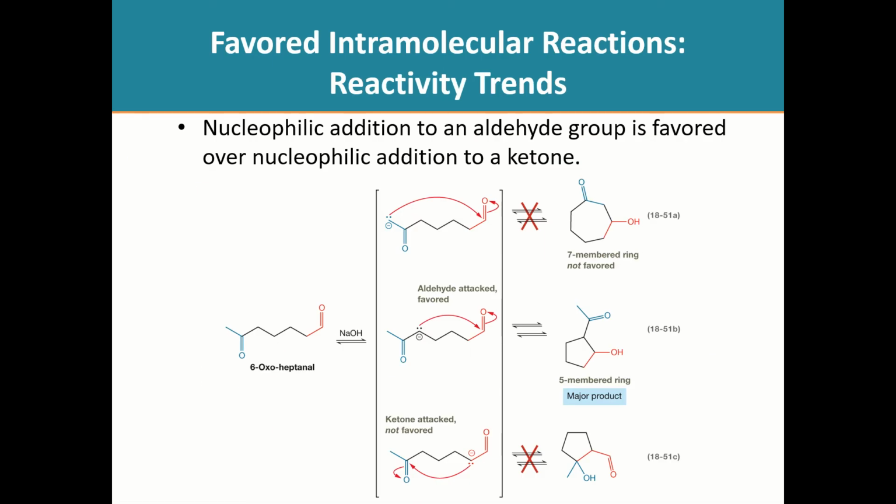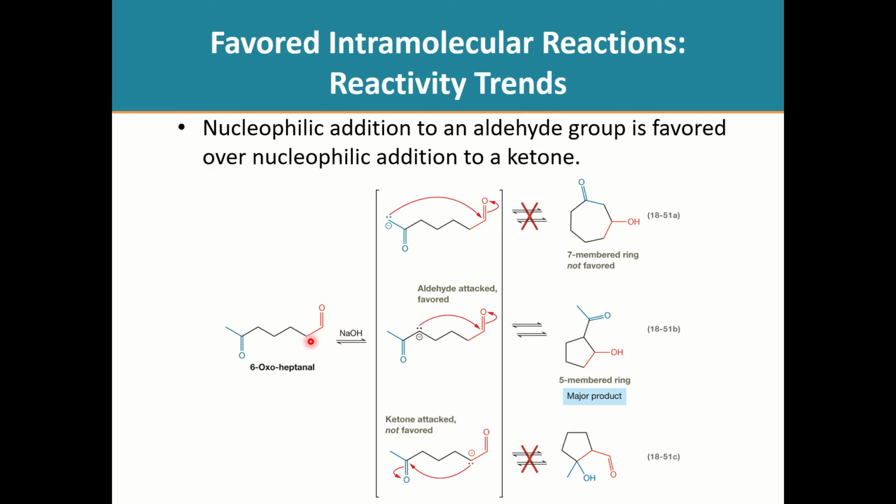So this is really cool too. So let's say we have this guy right here. Now what is this? Well, we see in the blue, that's a ketone, and in red, that's an aldehyde.